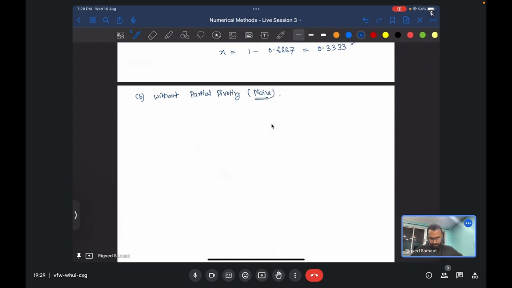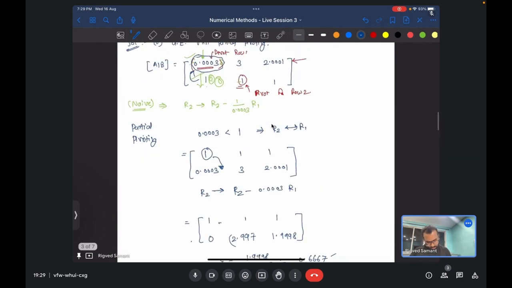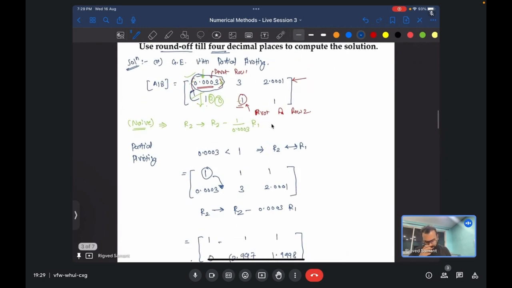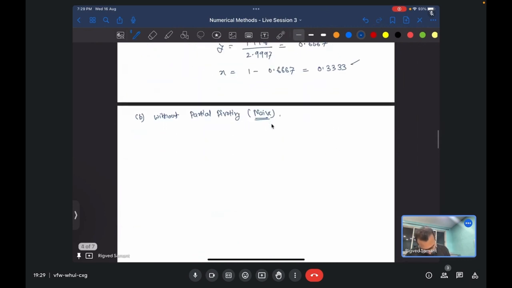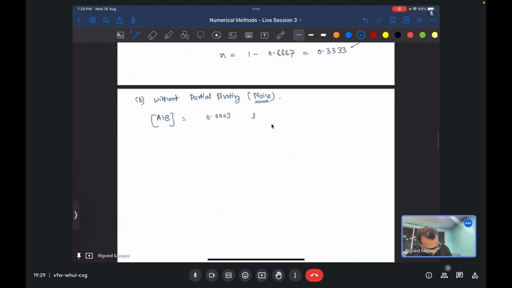So the augmented matrix [A|B] would be 0.0003, 3, 2.0001; 1, 1, 1, correct?